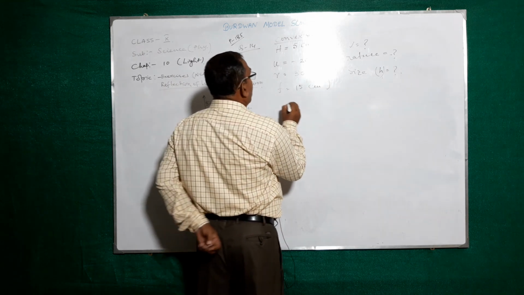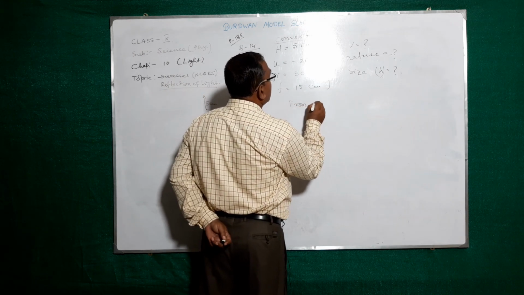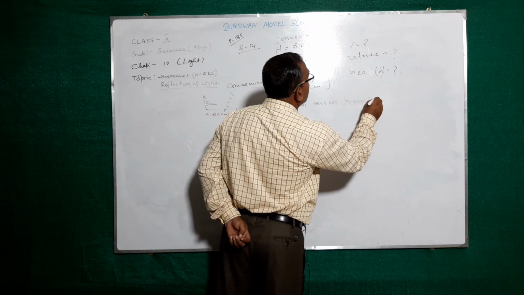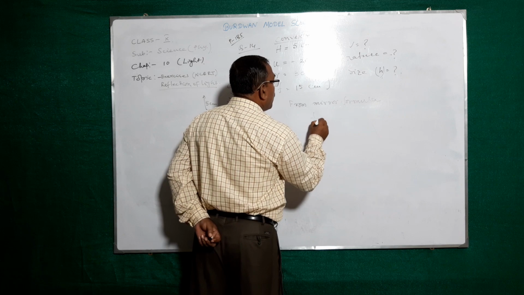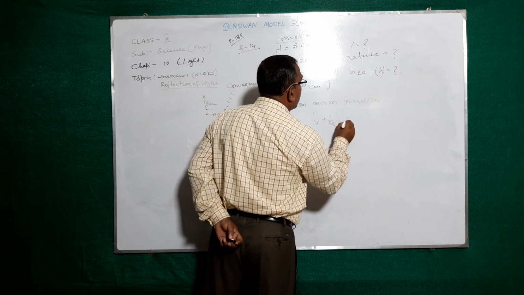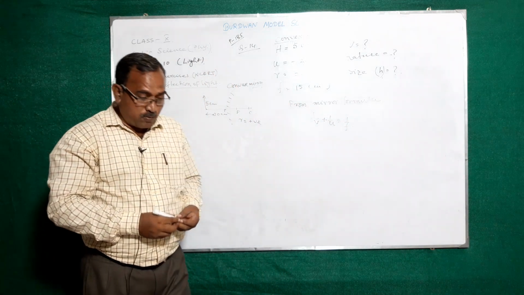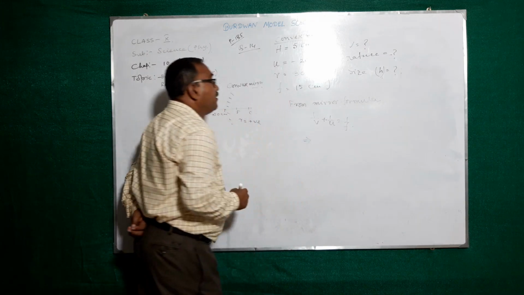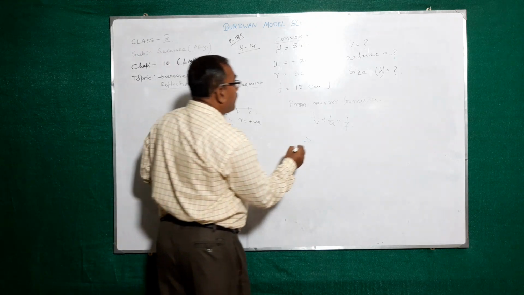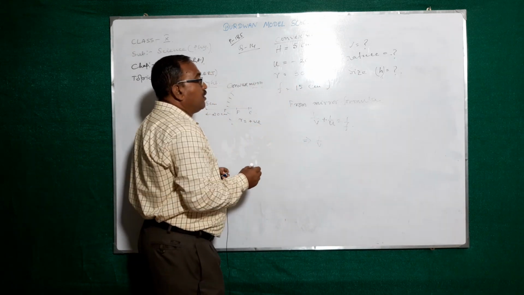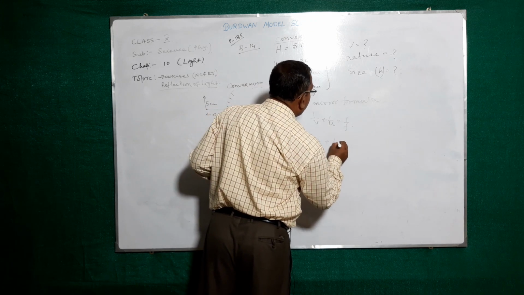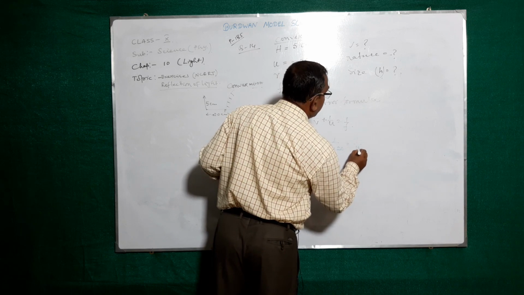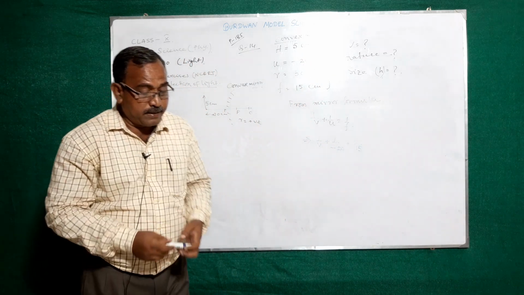So from the mirror formula, 1 by V plus 1 by U equal to 1 by F. You know it. You put this data. 1 by V is the required value. 1 by U means negative 20. 1 by F means positive 15, 1 by 15.